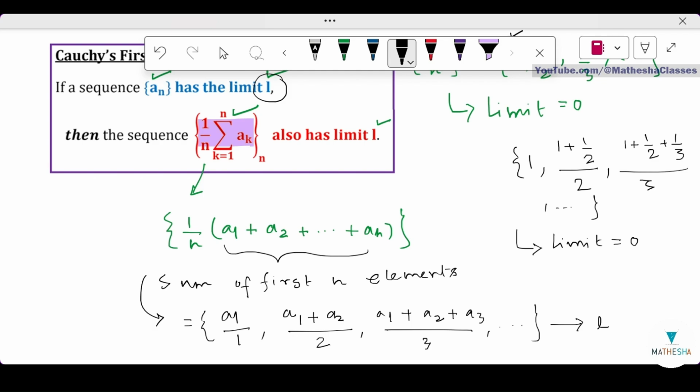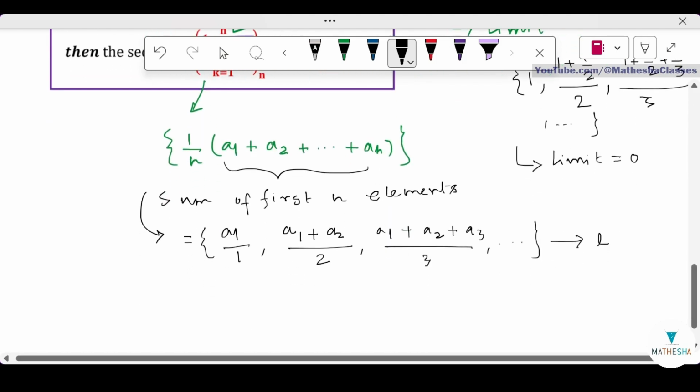Well, let us now come to the next result, which is a result involving series.